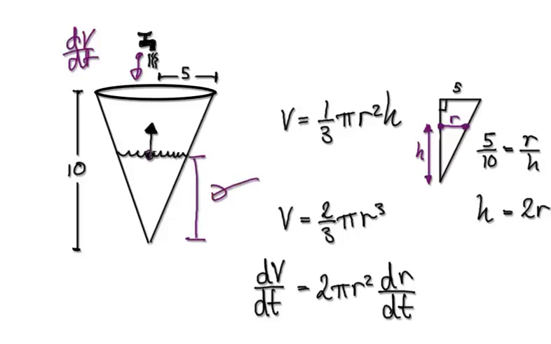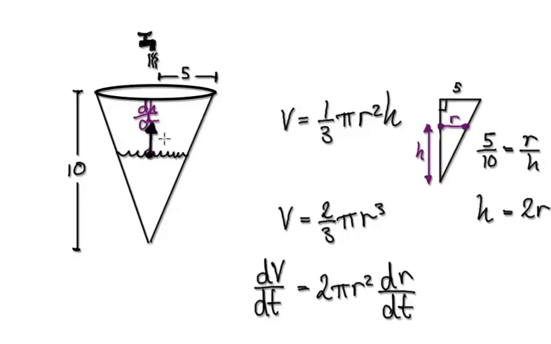You want to know how fast the water level is rising, because when you fill it at a constant rate, it will fill up really fast at first because the volume is really small here. But then as time goes on, it will slow down because the volume here is much bigger than what's down here. So in effect, you want to know dH by dt.